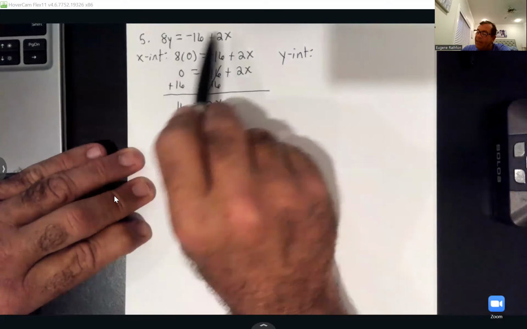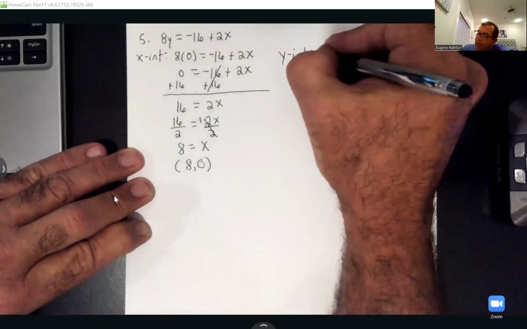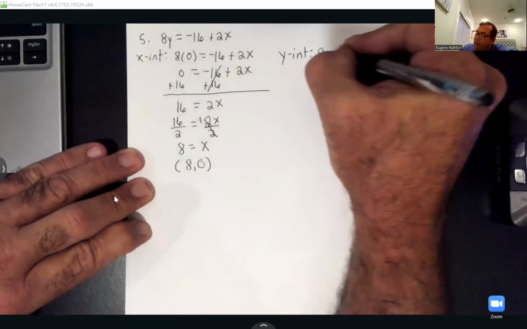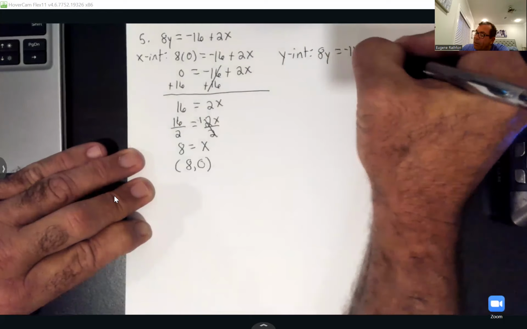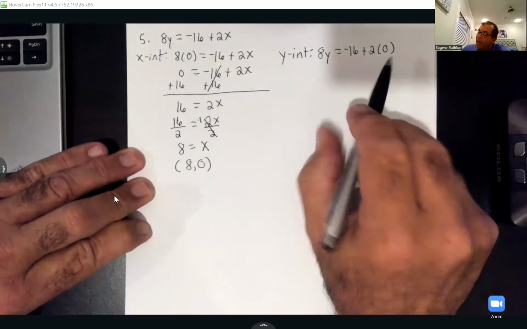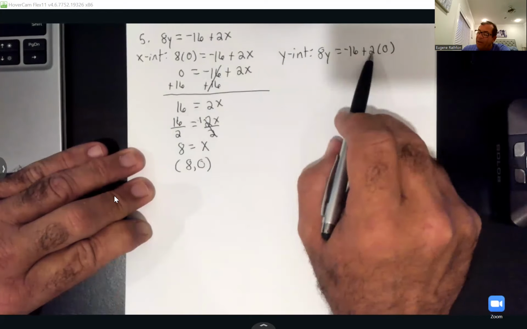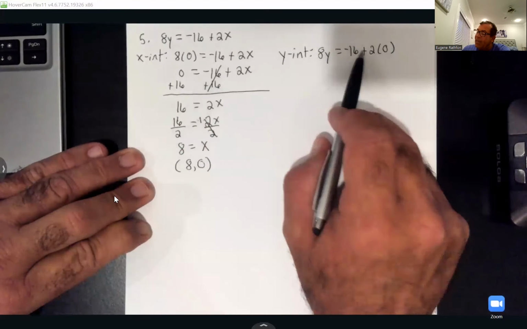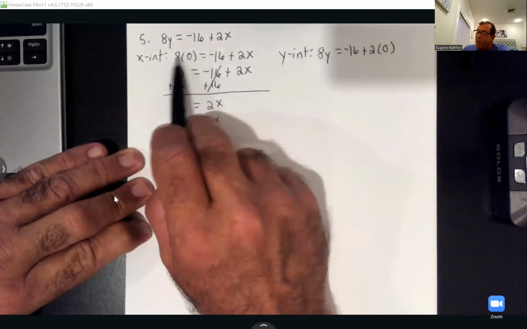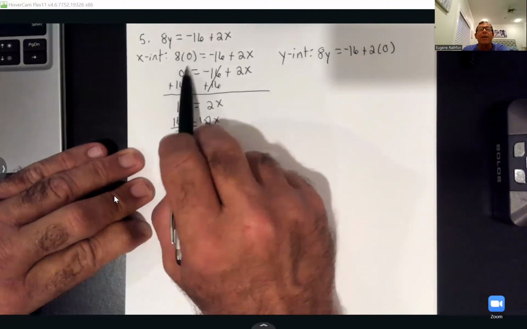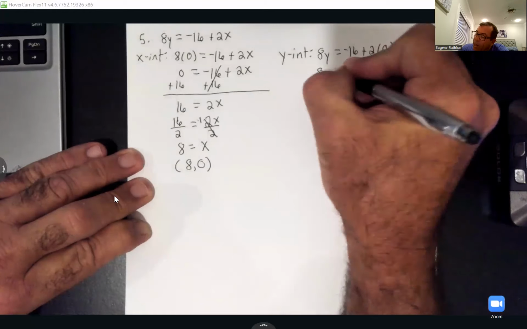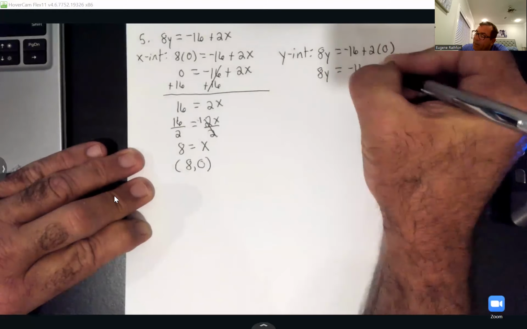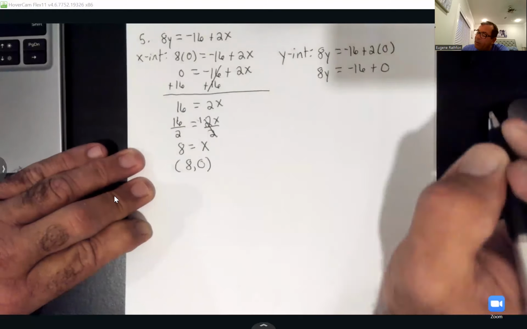Y-intercept, set the x equal to 0. So I get 8y equals -16 plus 2 times 0. And all that 0 is doing every time, if you notice, is it's just canceling out the variable altogether, right? It's just turning it into a big 0. So 8y equals -16 plus 2 times 0 is 0.